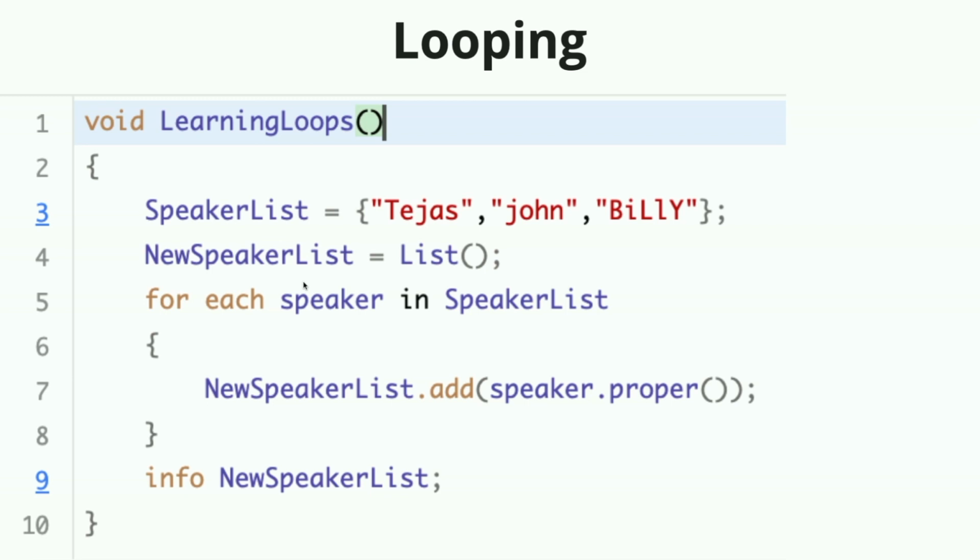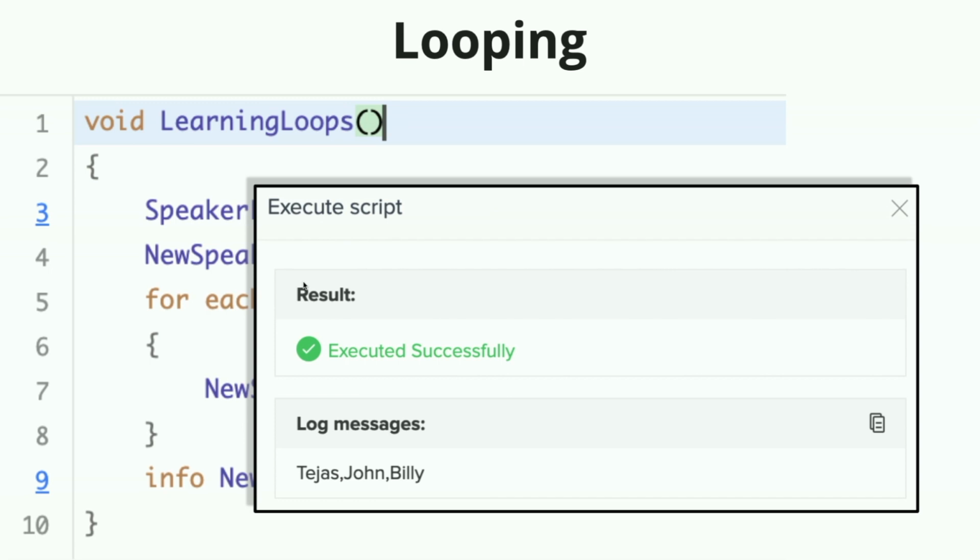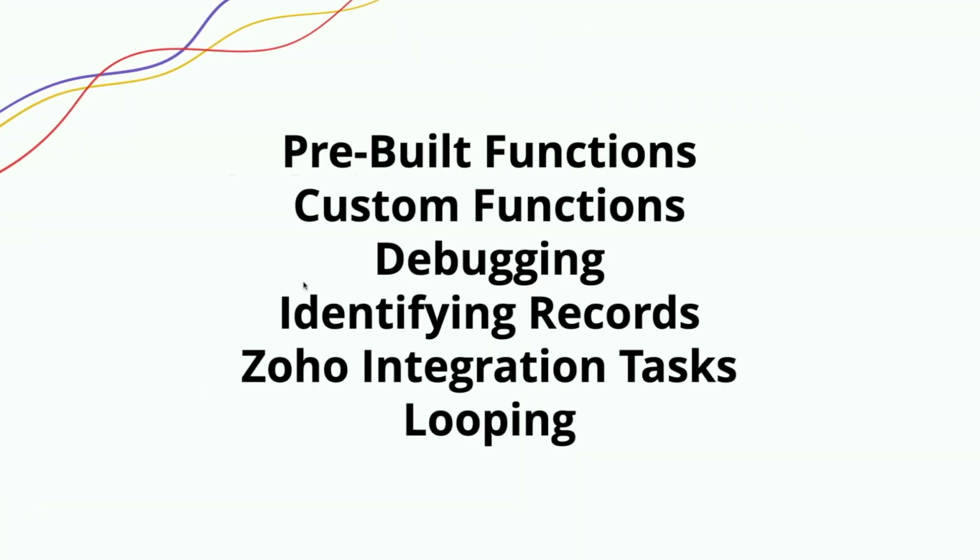At the end, we have an info to see what our final result is, and if we ran the script, it would get rid of the weird capitalization or lack of capitalization and spit out a nice list of names. So, slightly more advanced, but this is all the stuff we just covered.